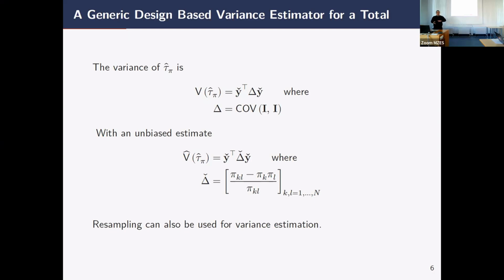And this will simplify very much if you're having simple sampling designs. If you're having a simple random sample, all these inclusion probabilities are constant. The first order inclusion probability for a simple random sample is small n, the sample size, divided by capital N, the size of your sampling frame. And the second order probability also takes a constant form. For every combination of k and l, this is a constant: small n times n minus 1 divided by capital N times capital N minus 1.